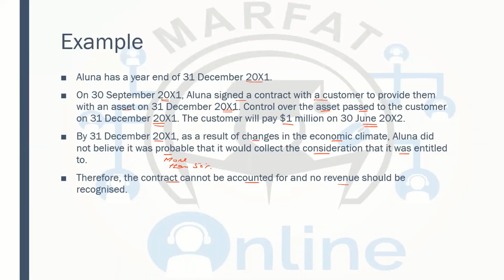No revenue should be recognized, because they were sure at that time, when they passed the control by 31st December 20x1, the year end, that they will not be getting anything out of it. So they are not going to record any revenue for it.